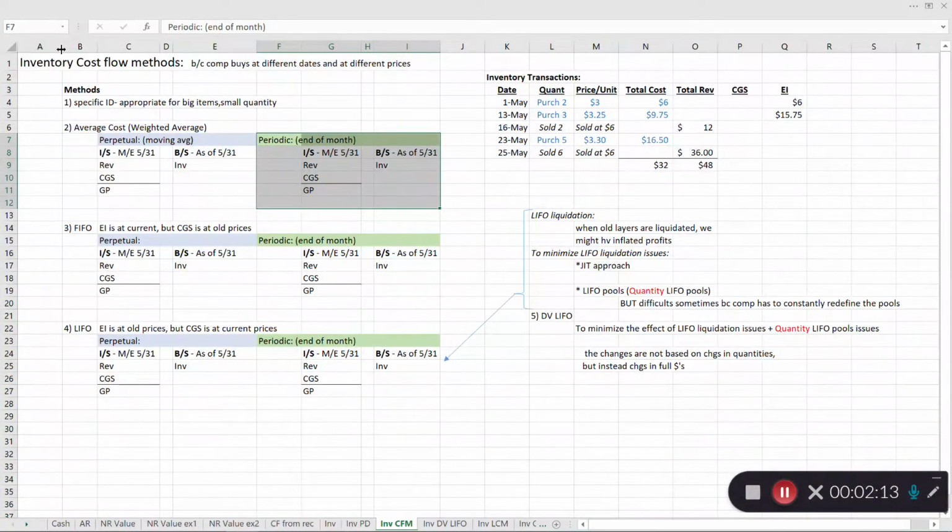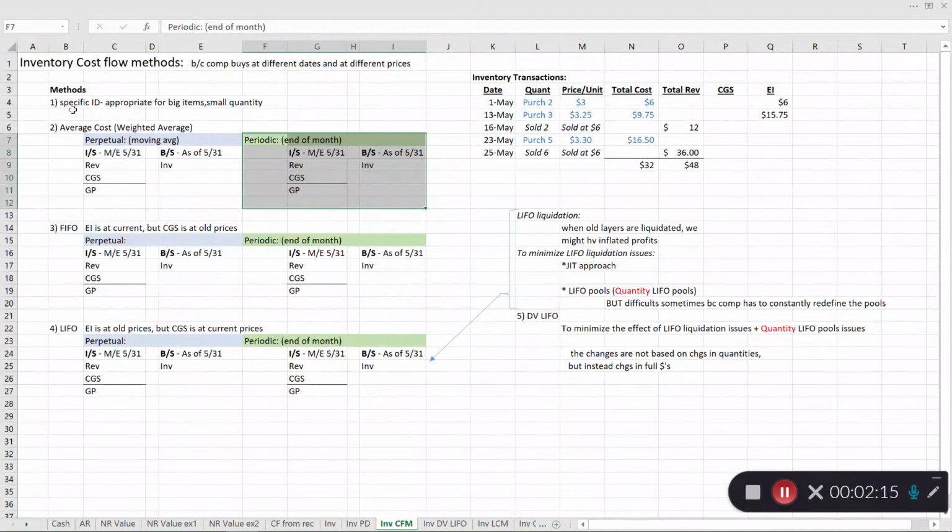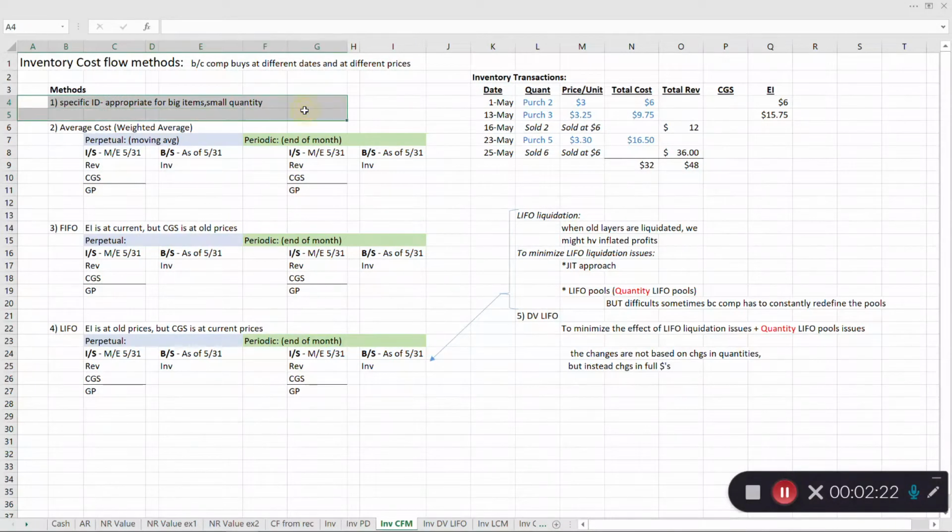This first method is referred to as the specific ID method, and it's not very commonly used unless you have a small quantity of inventory, or if you have big ticket items. For those kinds of things, you specifically identify the asset that you sell, and then you cost out that specific asset.